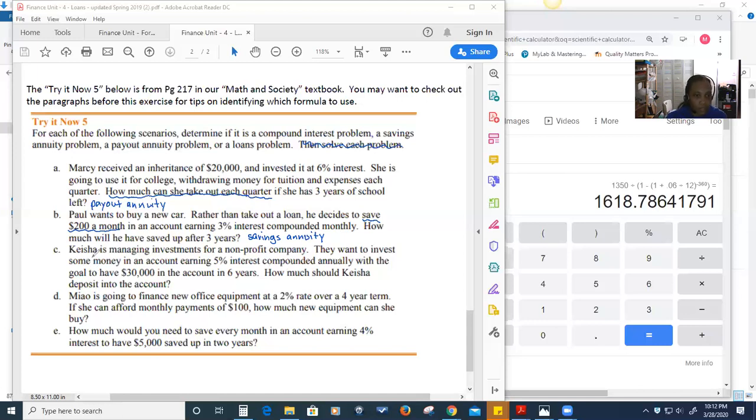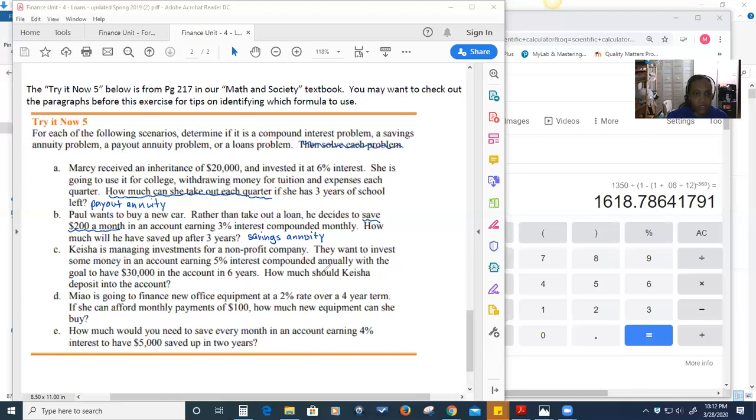Next one. Keisha is managing investments for a nonprofit company. They want to invest some money in an account that earns 5% interest compounded annually, with the goal to have $30,000 in the account in 6 years. So far, so good.